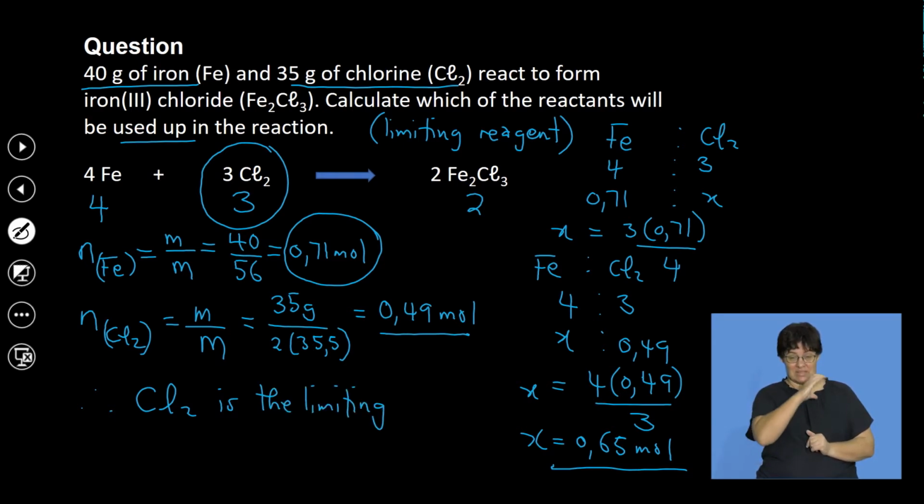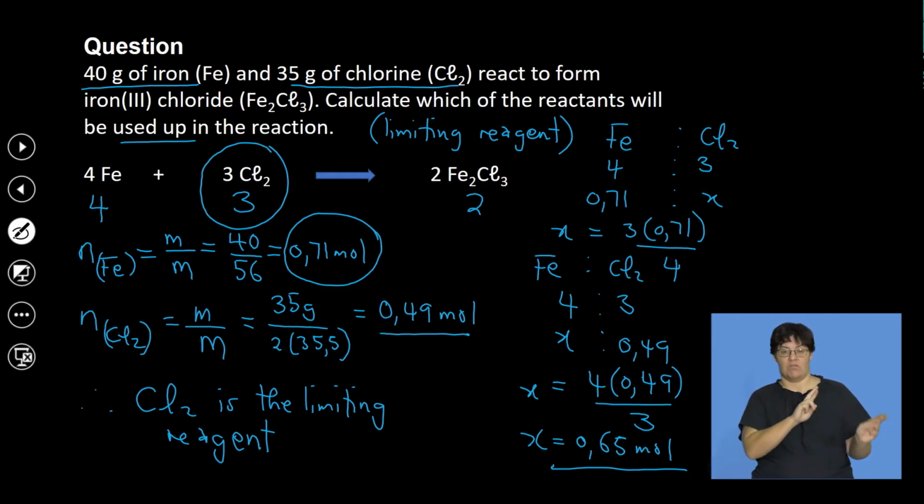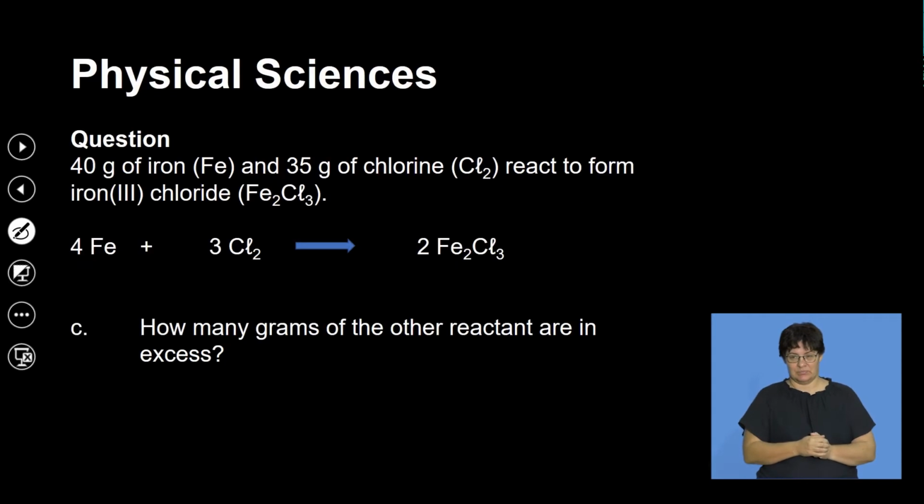If chlorine is the limiting reagent, what does it say by implication? We are saying that iron is the one that is in excess, because of the 0.71, only 0.65 moles of iron will react based on the stoichiometric ratio. Then the follow-up question says, how many grams of the other reactant are in excess? Very important question.